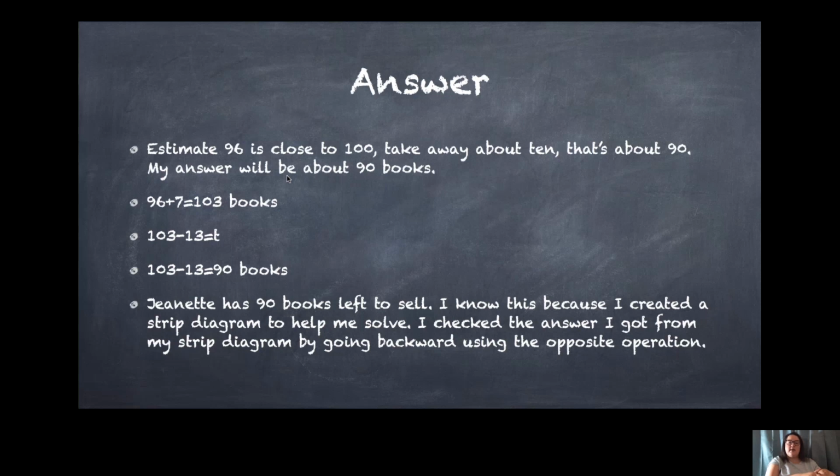That was our equation that we were asked to do. And then 103 minus 13 equals 90 books. That's our answer. And then our solution statement. Jeanette has 90 books left to sell. I know this because I created a strip diagram to help me solve. I checked the answer I got from my strip diagram by going backward using the opposite operation.